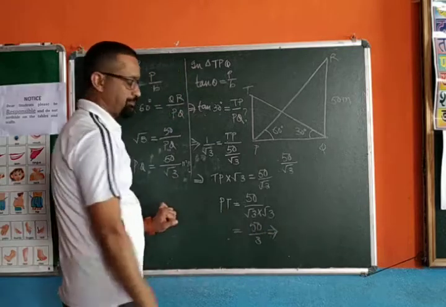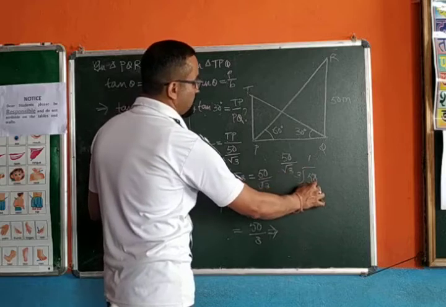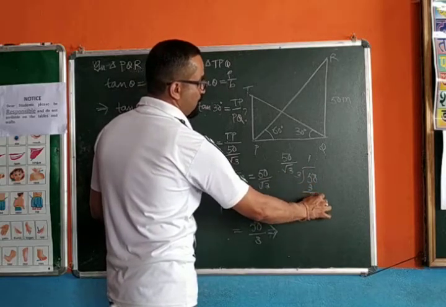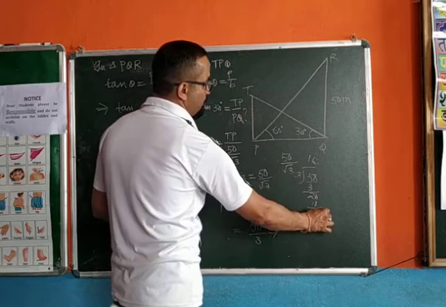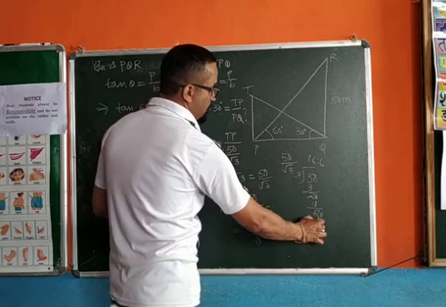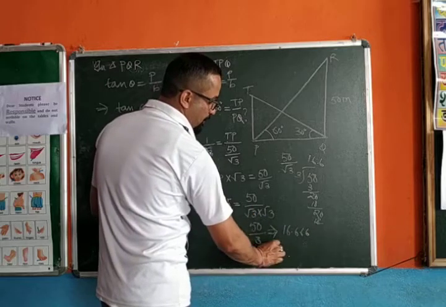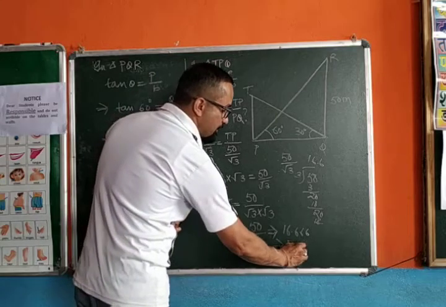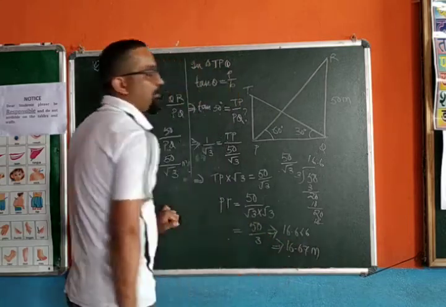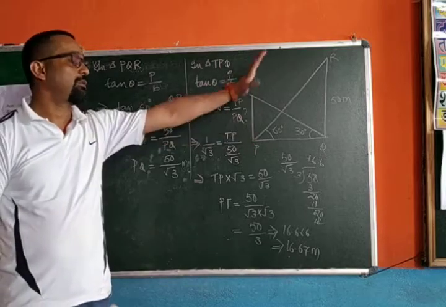Divide this: 50 divided by 3. So you will be getting 16.666, which can be written as 16.67 meters. This is the height of the second tower.